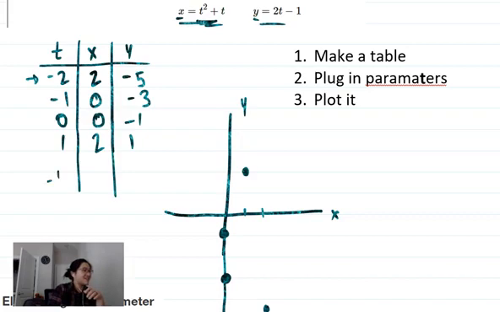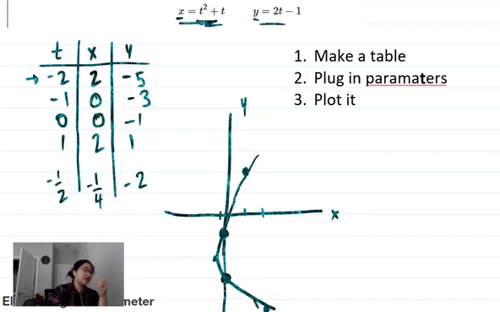Let's plug in -1/2. So -1/2 squared is positive 1/4, plus -1/2 is -1/4, and then -1 minus 1 is -2, so we get -1/4, -2. So we get that, something like this.